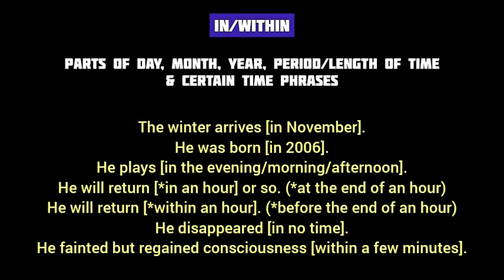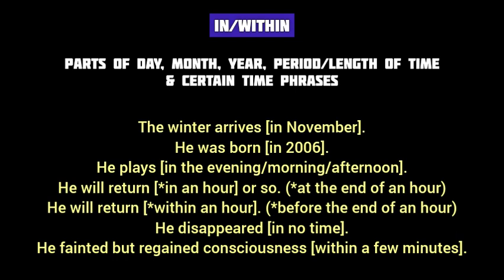The preposition in is used for parts of the day, month, year, longer periods of time and in certain time phrases. Now think about the first sentence, "The winter arrives in November." Here the preposition of time in is used before the name of a month and it shows the time of the winter's arrival.